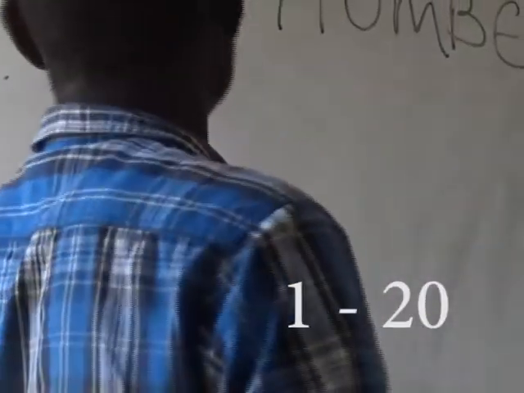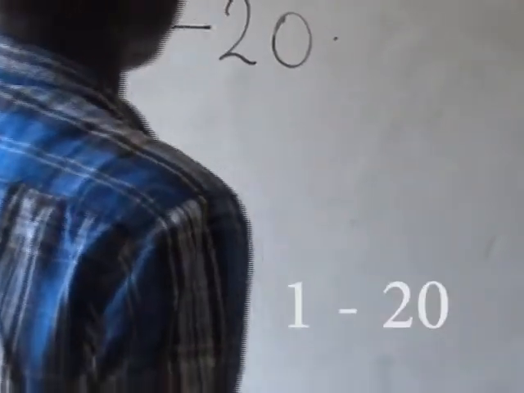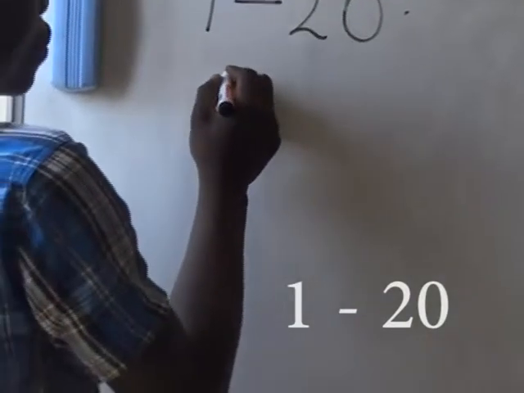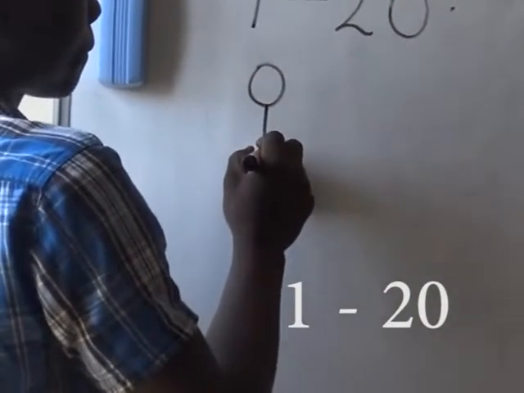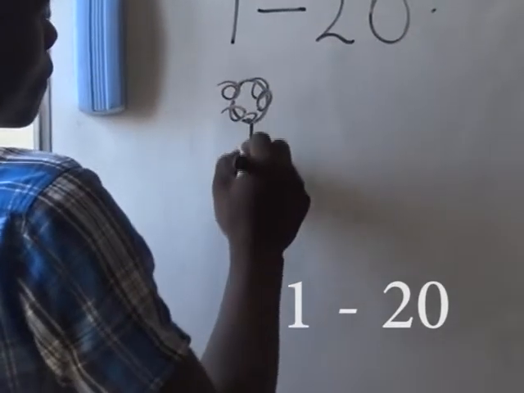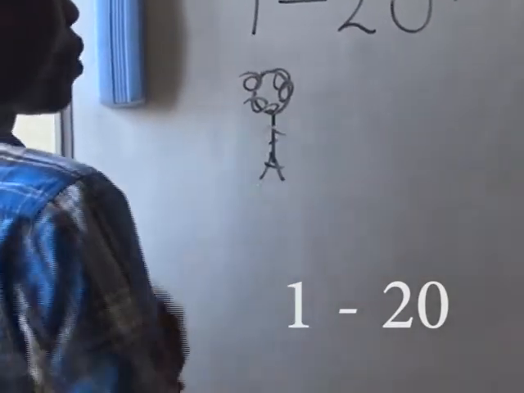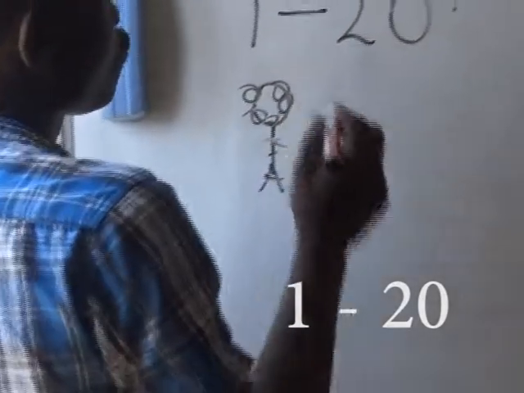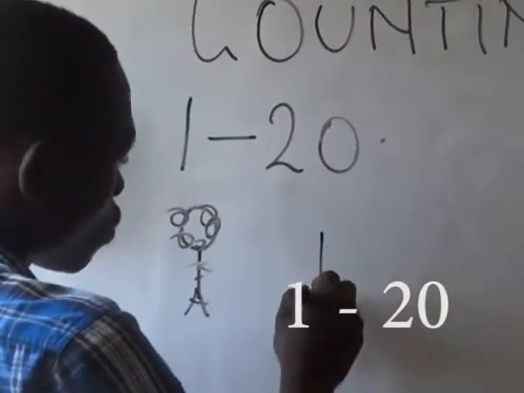We can count these numbers through a formula, whereby we have 1 tree, and this tree is called 1.